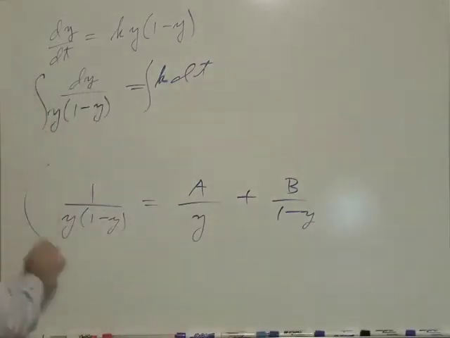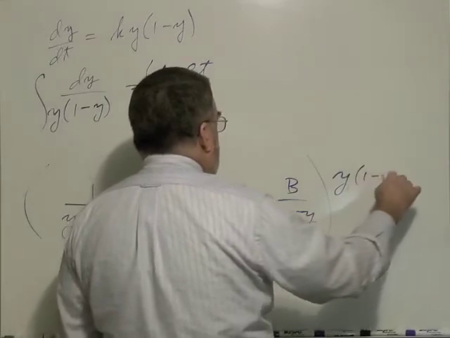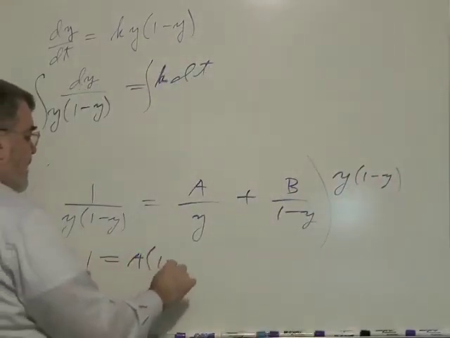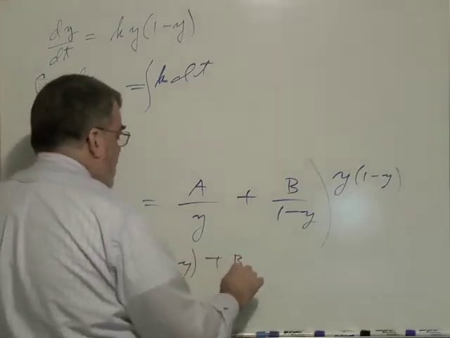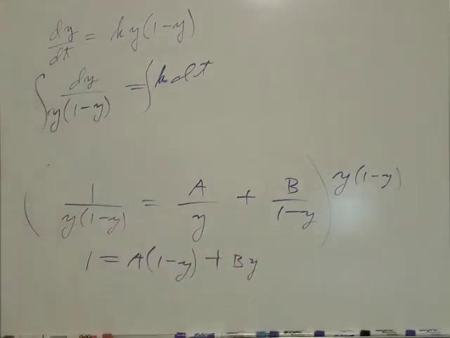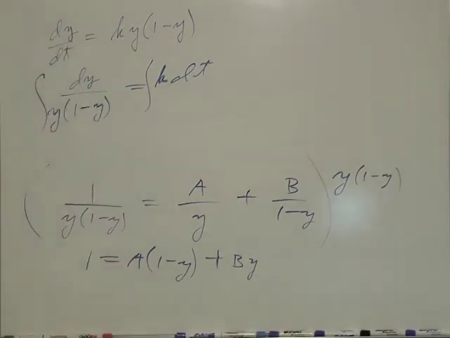And then if I multiply by my common denominator, y times (1 minus y), then we have 1 equals A times (1 minus y) plus B times y. If you're rusty at this partial fraction stuff, you'll appreciate this later when we get into differential operators.